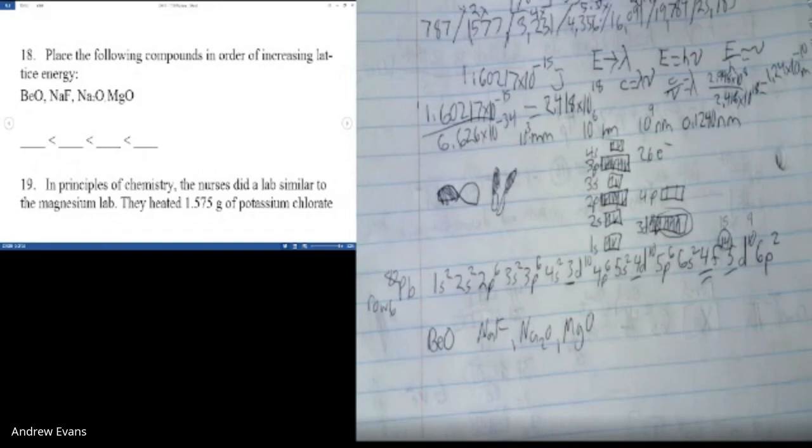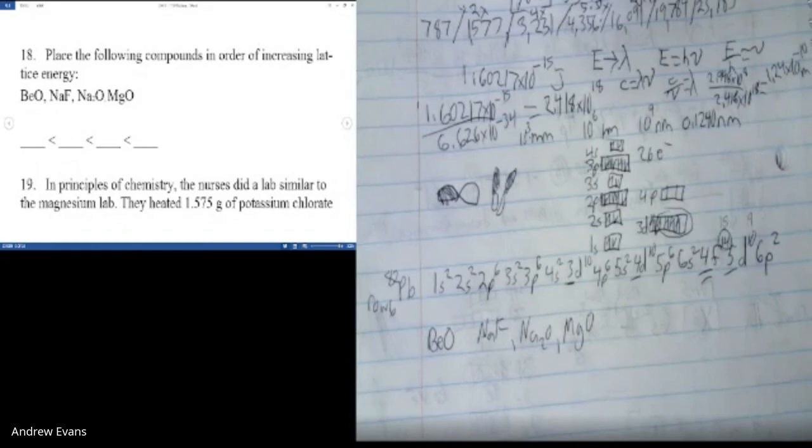So if you compare that, the bigger size means we're dividing by a bigger number. So MgO is going to be a bigger molecule than BeO, which means it has to have lower lattice energy. So row 2 for beryllium means it's much smaller and thus higher lattice energy, because whenever you divide by a smaller number, you get a bigger result.